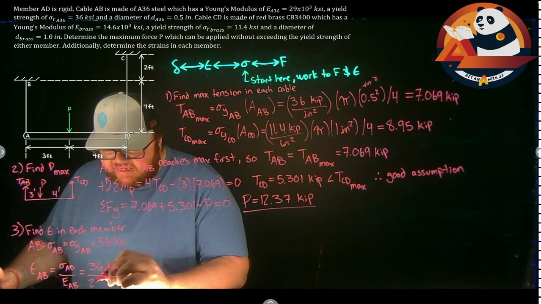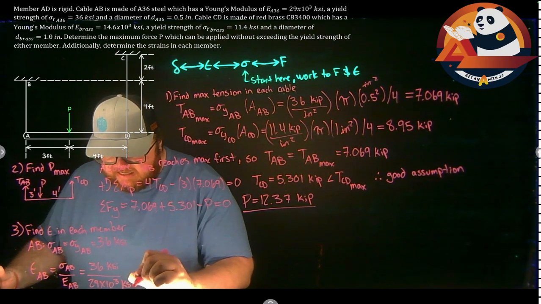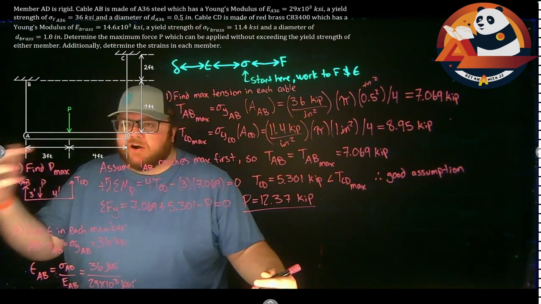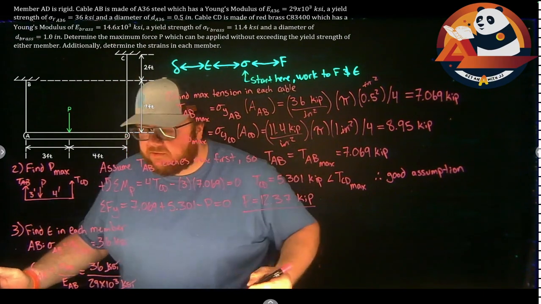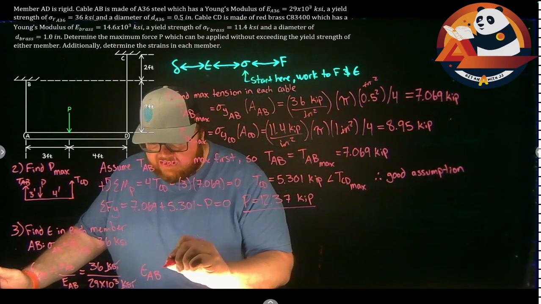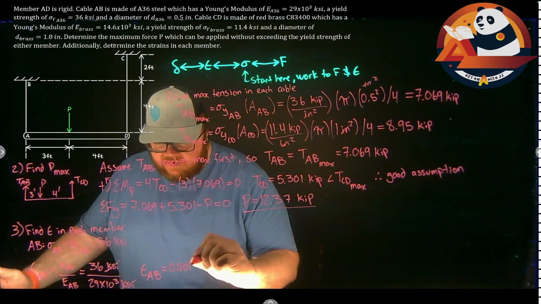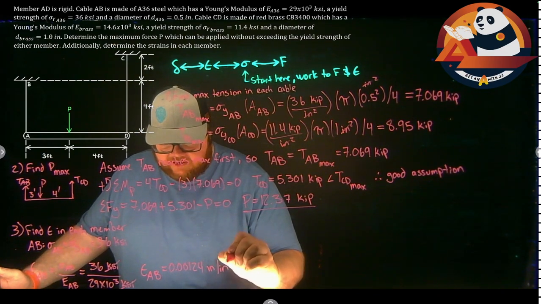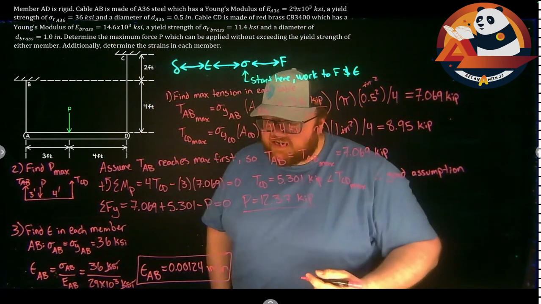My E is 29 times 10 to the third KSI. Technically, those cancel, but for strain, we always report it in a distance per distance. We'll use inches per inch, which is the common one here. So my strain in AB is 0.00124 inches per inch. And that would be my first answer in there.